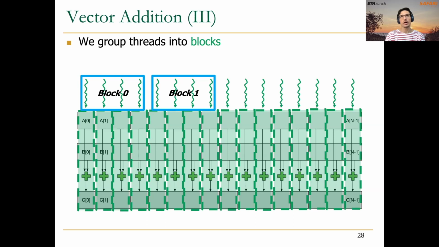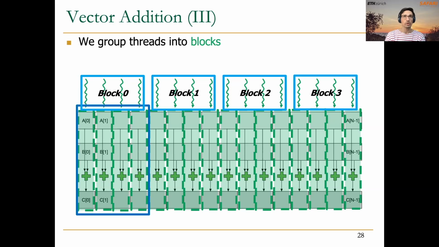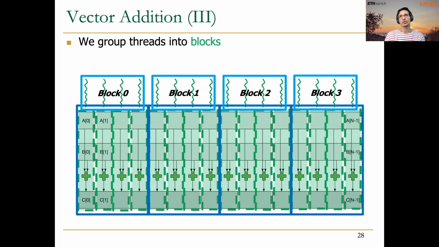These 4 here are block 1, this is block 2, and this is block 3. And the computation assigned to each of the blocks is the same computation that we previously assigned to the different threads, but now we know that threads in block 0 are going to operate on these parts of the arrays. Block 1 will operate on this part of the array, block 2, and block 3.